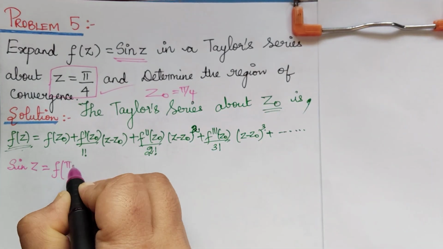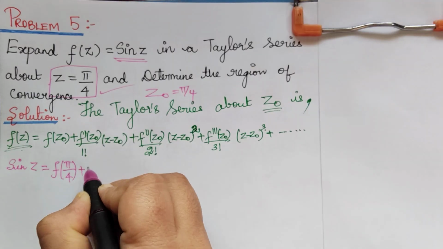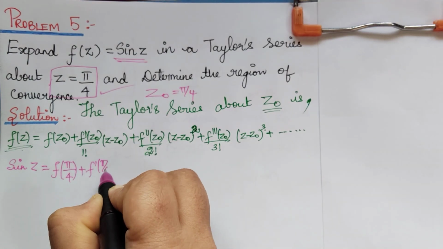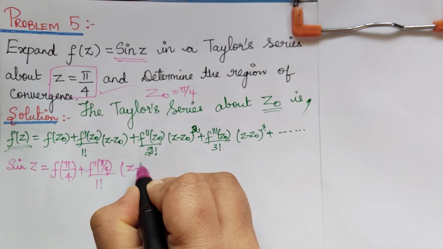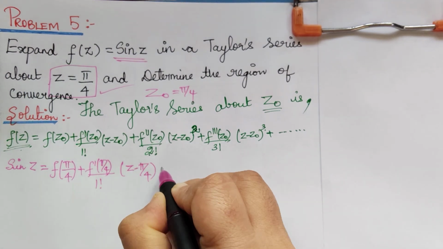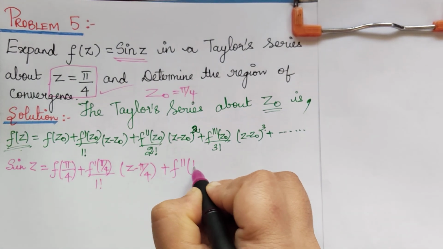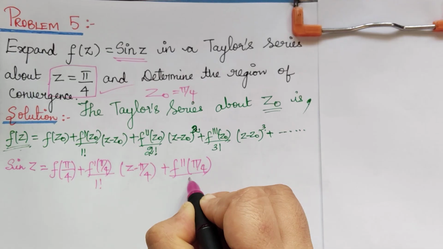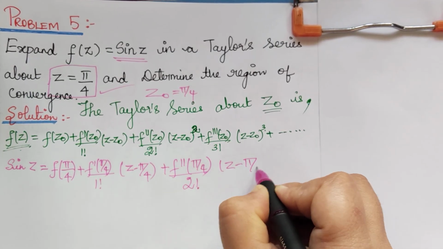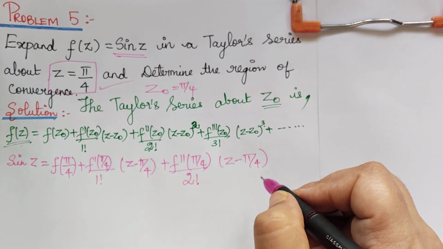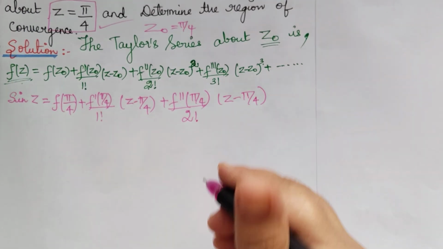So f of pi by 4 plus f dash of pi by 4 by 1 factorial multiplied with z minus pi by 4 plus f double dash of pi by 4 by 2 factorial multiplied with z minus pi by 4, and this series keeps on going. Let us write the third term also.